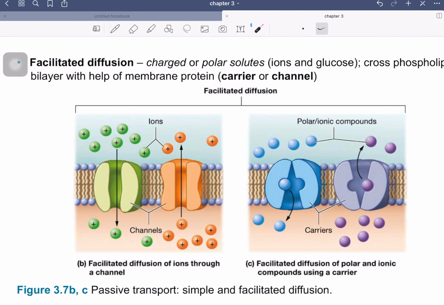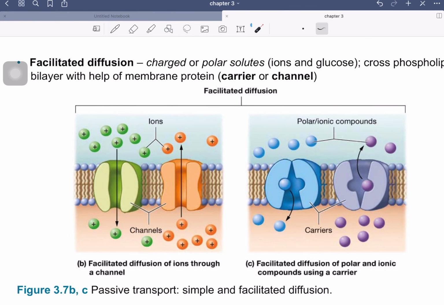So, what passes through the channels? So I said things like ions do it. And we're talking about polar solutes that pass through. Now, there's another type of facilitated diffusion. The first type we saw uses channels to go through. Okay?